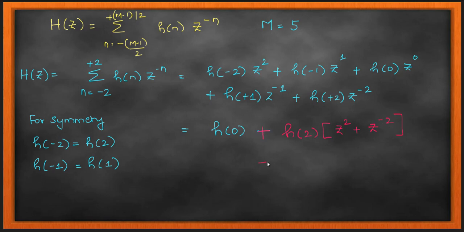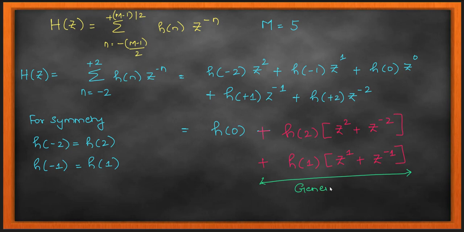In order to make this finite, the first change I'm making is converting from minus infinity to plus infinity to minus (m minus 1) by 2 to plus (m minus 1) by 2. So I'm inducing finiteness into my Fourier series form, and I get the form to be this.